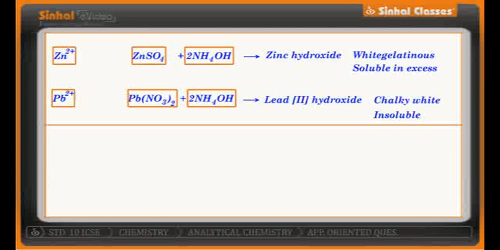Whereas if you take lead nitrate and treat it with ammonium hydroxide, you will get a precipitate of lead hydroxide which is insoluble, and the color of it will be chalky white. In a similar manner, you can select any salt and differentiate using alkali NaOH or ammonium hydroxide.